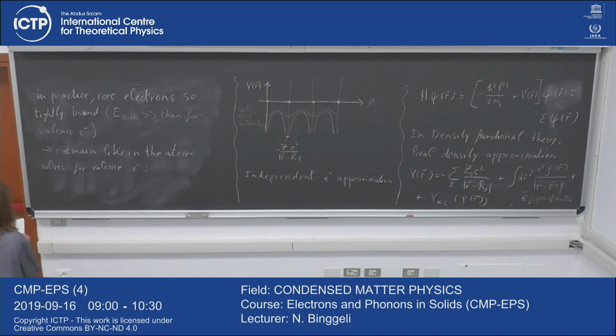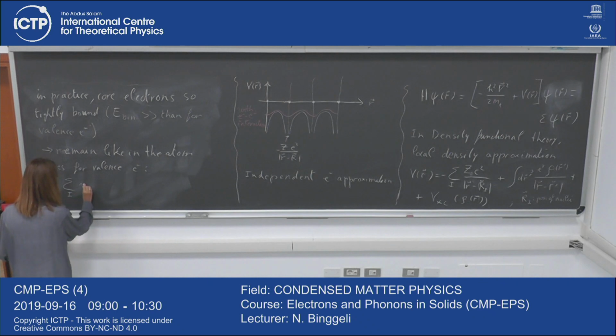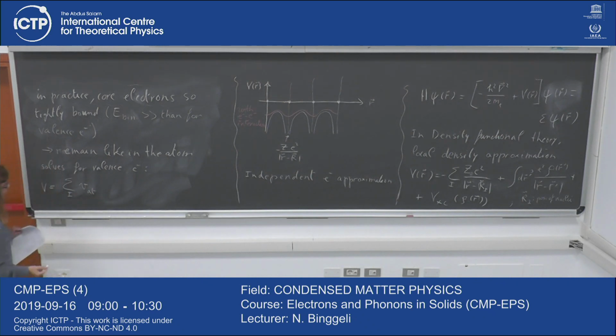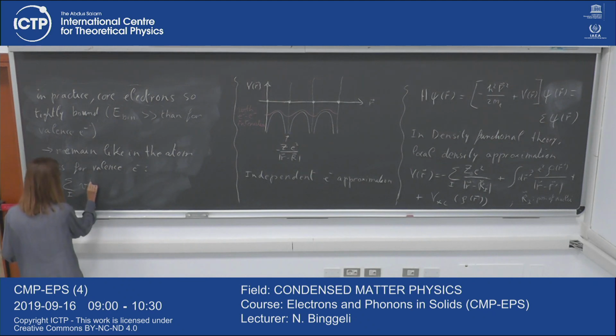So the potential that one will have in this case, V, will be a sum over I of the potential of the ion or the atom, and we call it a pseudopotential.